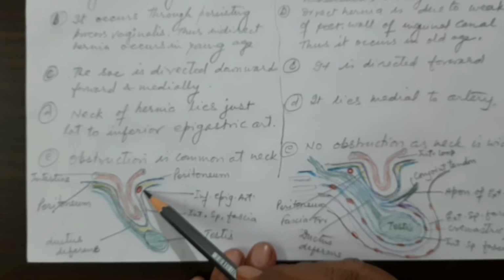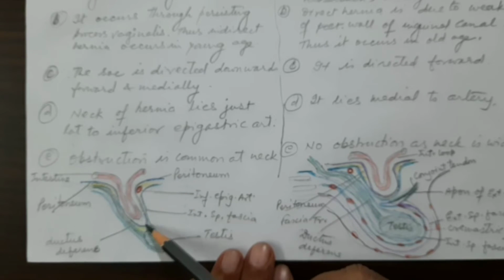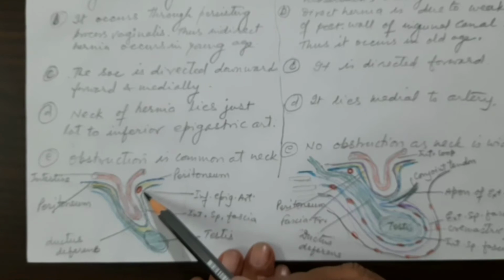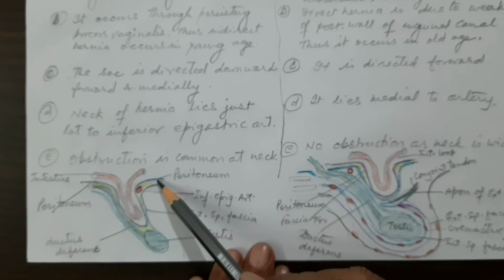In between these two is the deep inguinal ring, and this sac pushes its way through the deep inguinal ring. But this deep inguinal ring lies just lateral to the inferior epigastric artery. See this inferior epigastric artery?